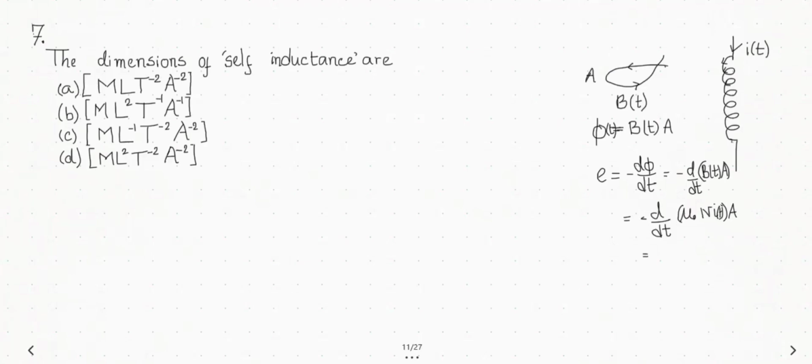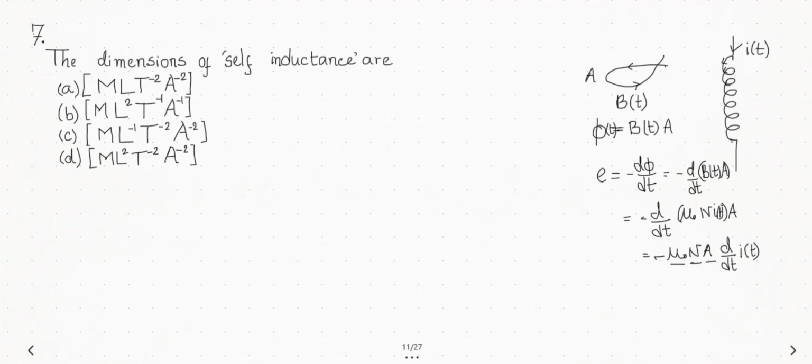So μ₀, the number of turns N, and the area of the coil A can all be taken outside the differentiation because they are not changing with time, but the current is changing with time.